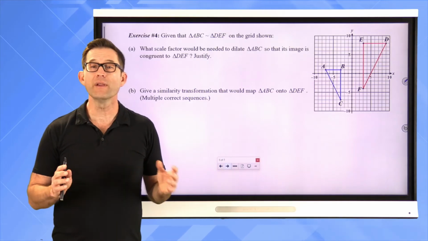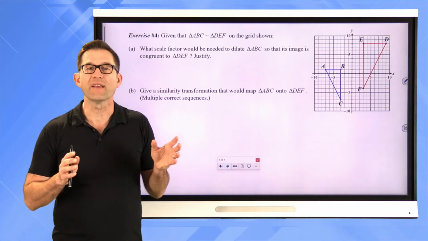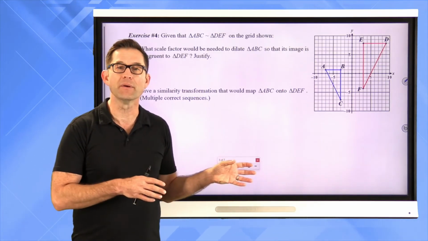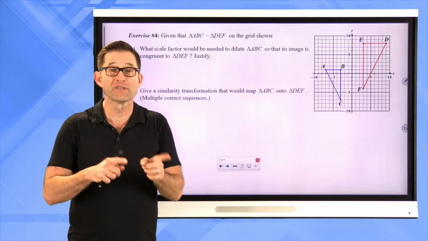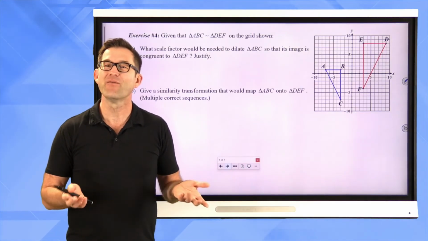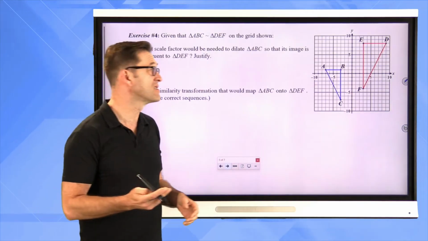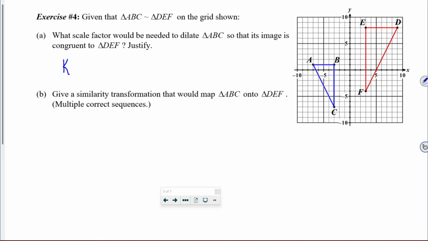All right, well, what's really easy is just to take two lengths, one from the image and one from the pre-image, that are easy to figure out and that correspond to each other, and divide the two. And I think the easiest thing is to have K be equal to DE divided by AB, right?